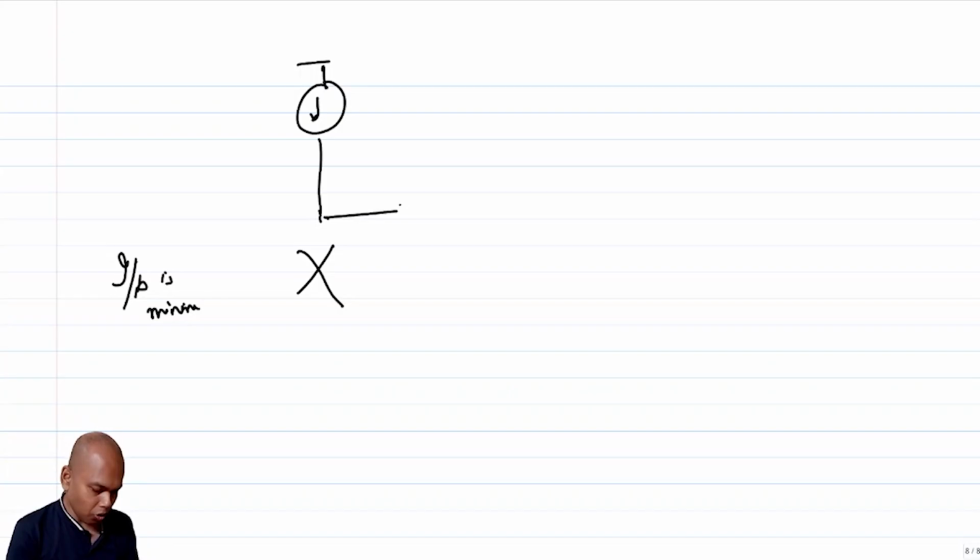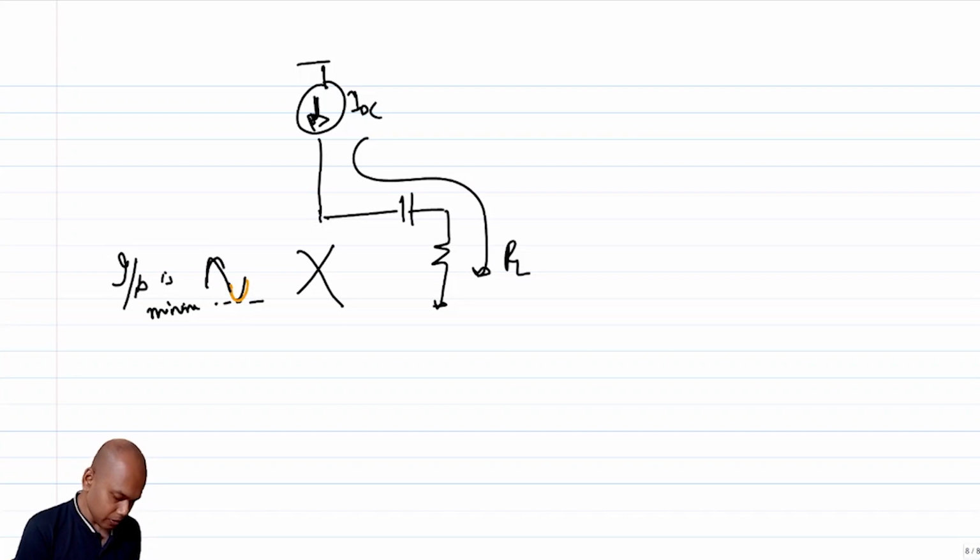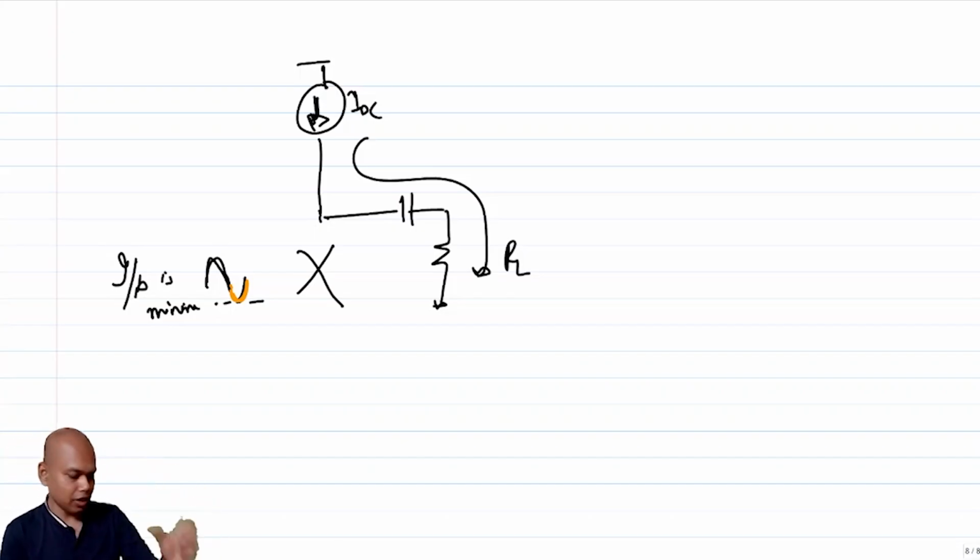Which means that all the current IDC is now flowing into RL. Correct? So this is when the input is at its minima. We are talking about this crest of the input. Around this time, all the IDC is flowing into RL, and hence I am getting a maxima at the output.